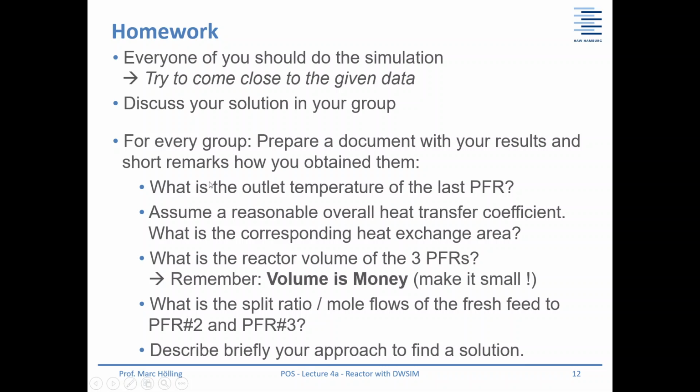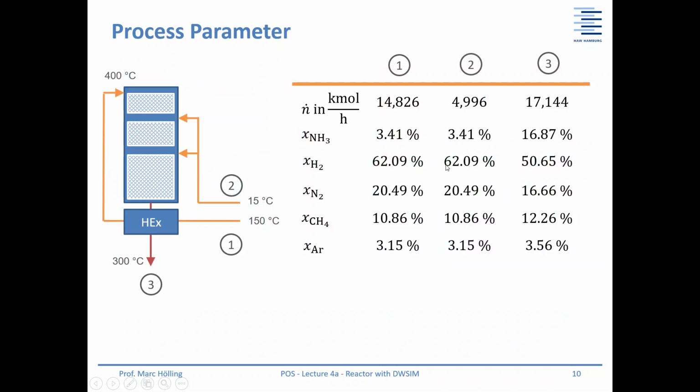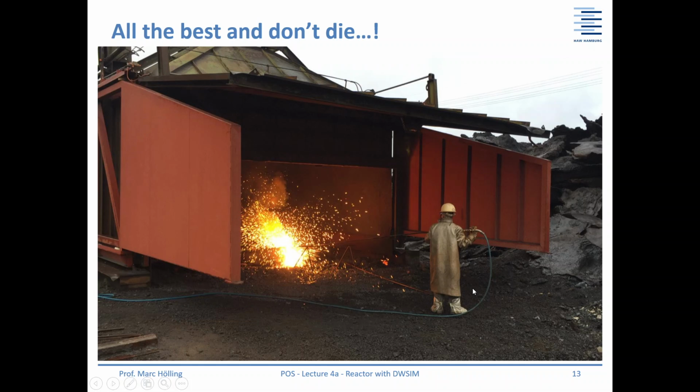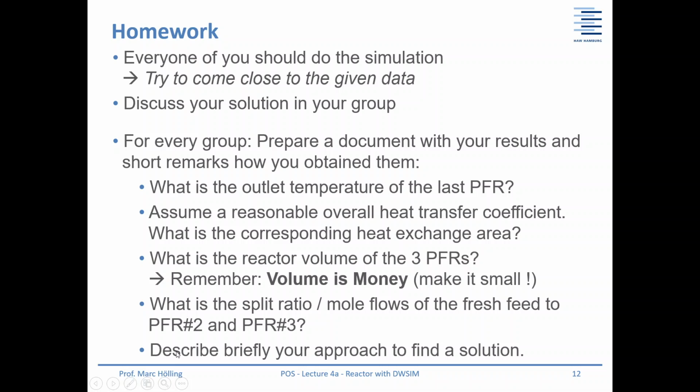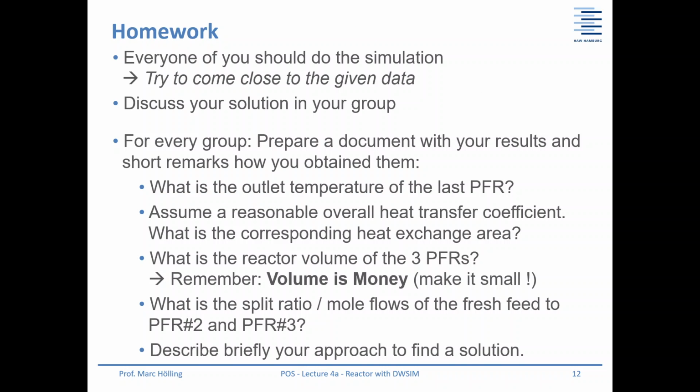You cannot answer them one after the other, but you have to modify your simulation in a way that you get close to these values. And when your agreement is quite good, then you might answer all the questions. And maybe you can describe in this PDF file what you did to find a solution. Okay, basically that's it. Thanks for watching and good luck for your homework.